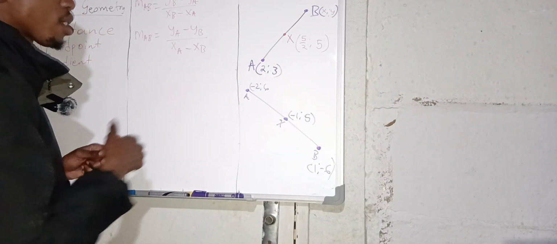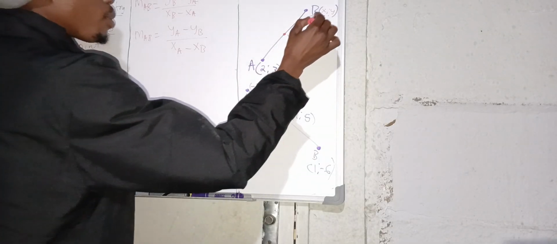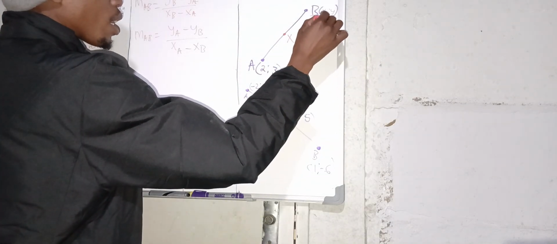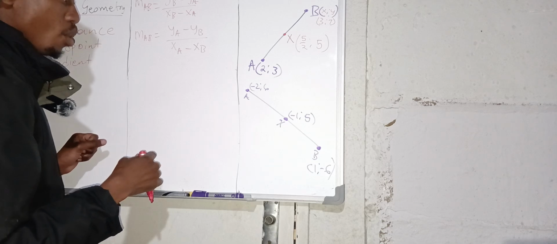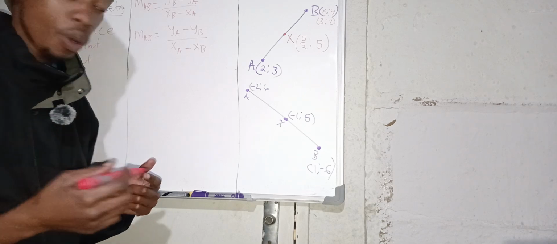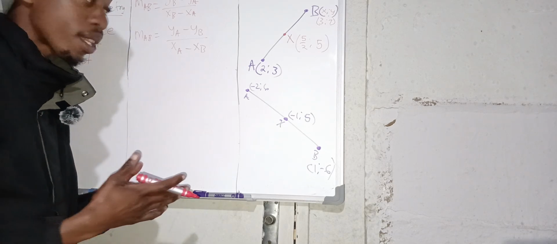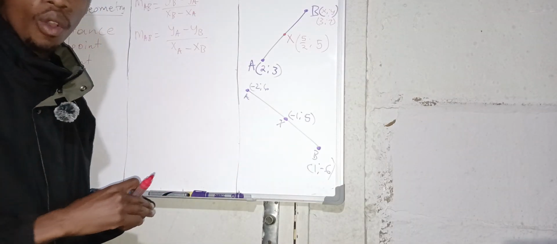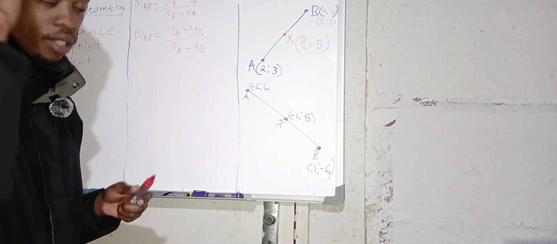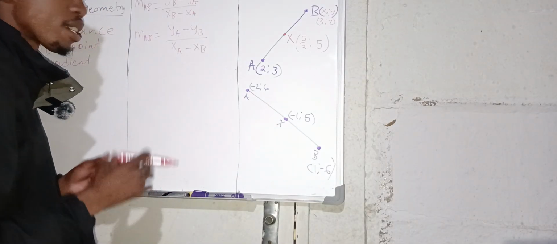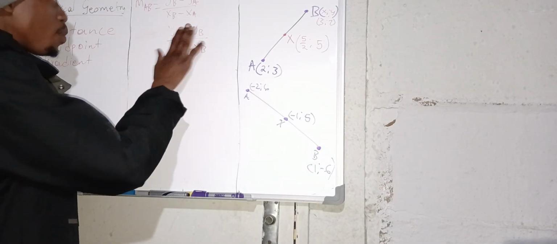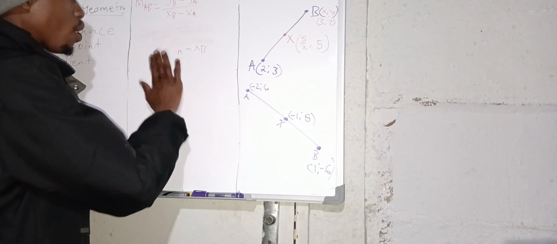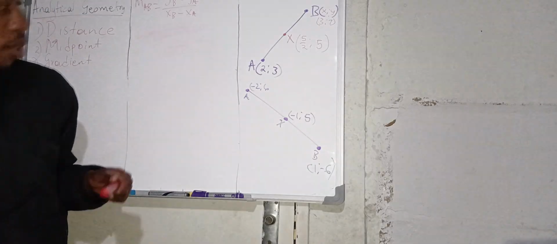So let's test this. We had 3 and 7 here, if I remember very well. If the answers don't come out correct, remember that these two were taken just from the top of my head. I just pray they come out all right. I'm going to remove this formula.